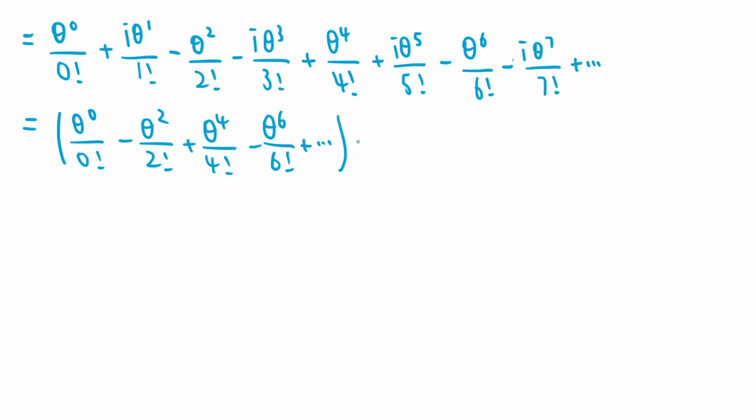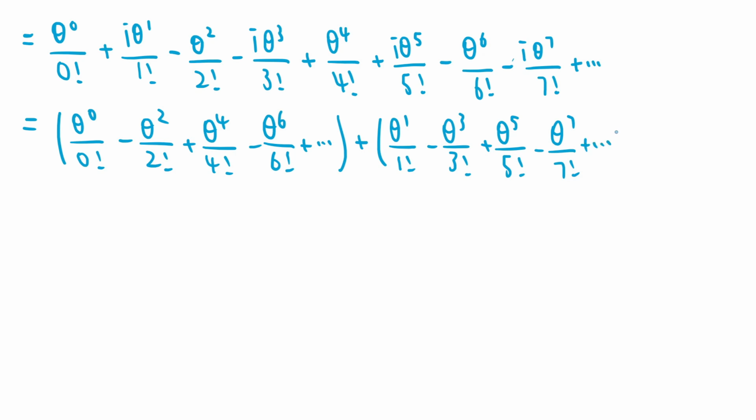And then the imaginary part, which is plus theta to the 1 over 1 factorial minus theta cubed over 3 factorial plus theta to the 5 over 5 factorial minus theta to the 7 over 7 factorial, and so on. And all of this is multiplied by the imaginary number i.